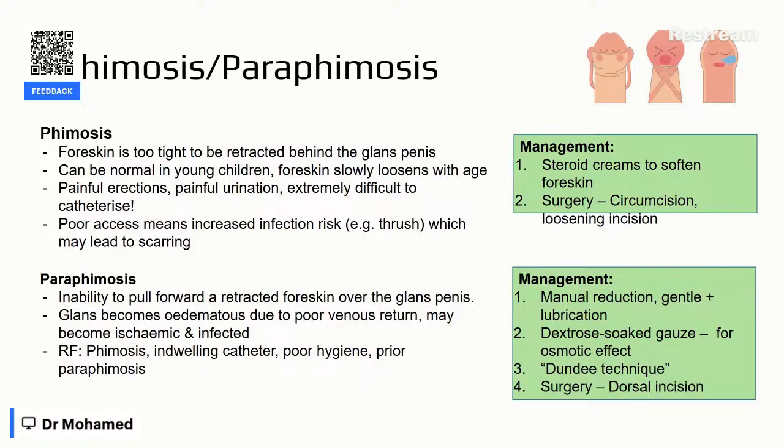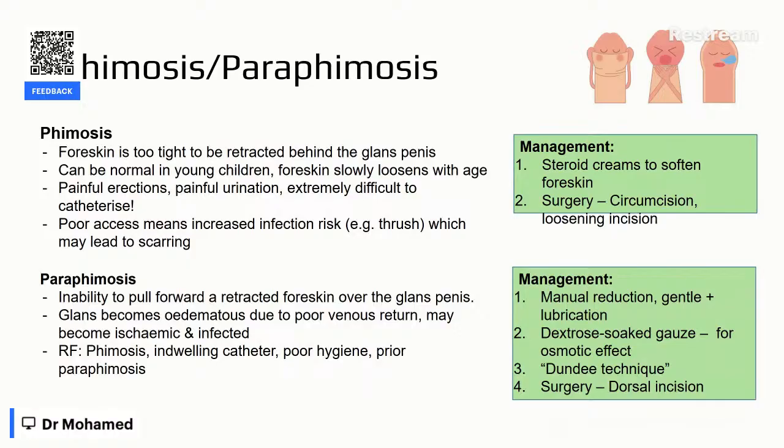This is why we always say when you do a catheter, always remember to retract the foreskin again, because the glans can become extremely swollen, it's horribly painful, and it becomes an emergency.